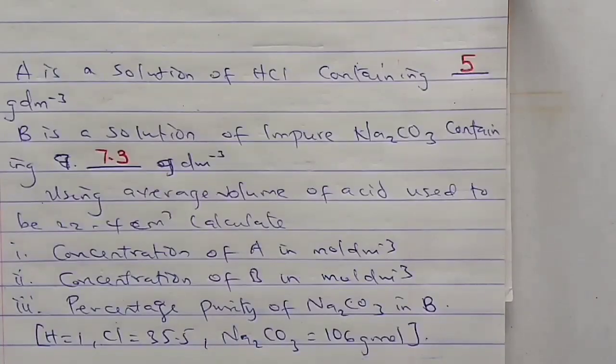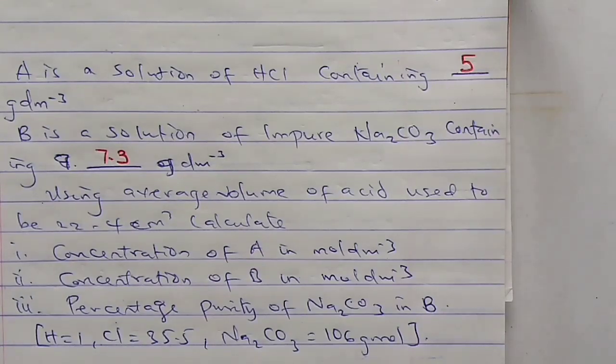A is a solution of hydrochloric acid containing 5 gram per dm cube. B is a solution of impure sodium trioxocarbonate(IV) containing 7.3 gram per dm cube. Using the average volume of acid used to be 22.4 centimeter cube, calculate: 1.